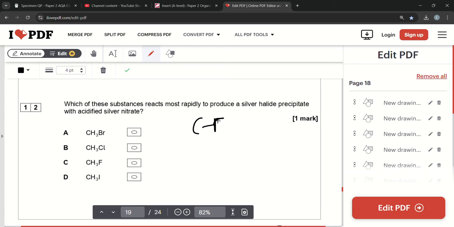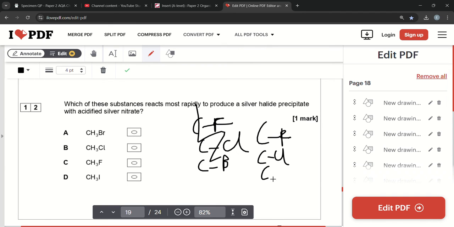What were the bond enthalpies? It's C-F, C-Cl, C-Br, C-I.